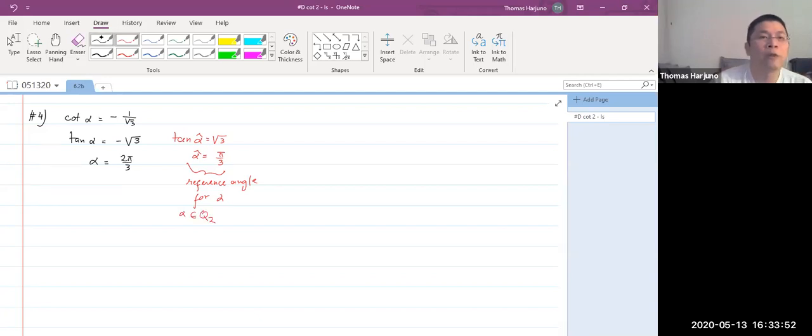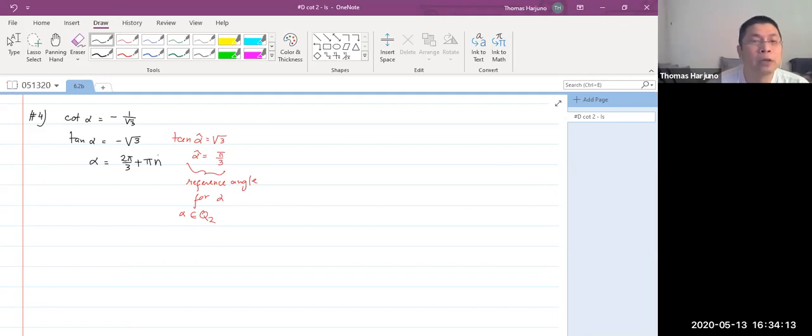However, we also know that tangent has a period of pi, so I will add an integer multiple of pi. Sometimes I use lowercase n, sometimes lowercase k for an integer multiple of something.